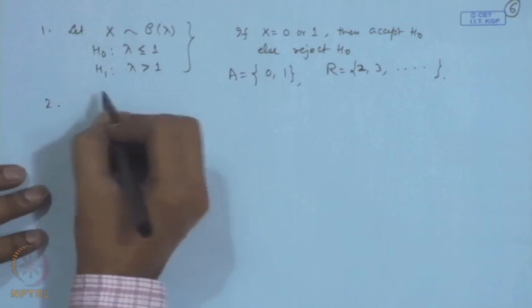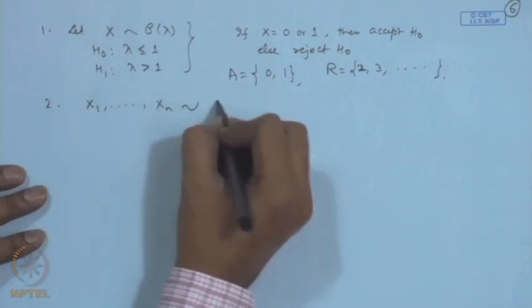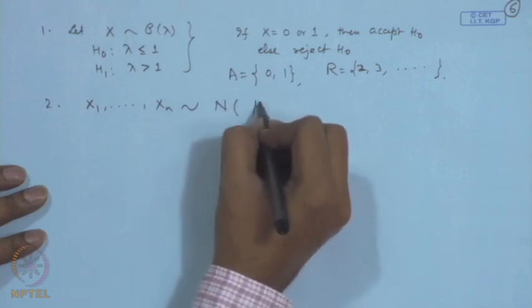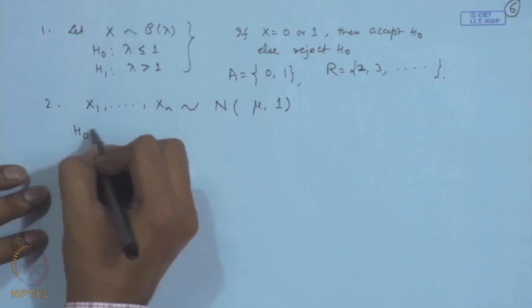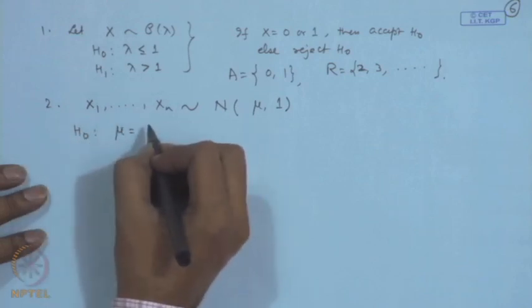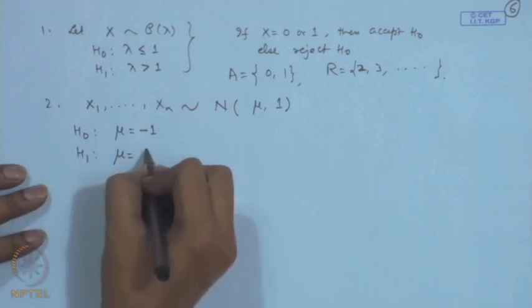Let us also consider another example. Say, I have a random sample X1, X2, ..., Xn from a normal distribution with mean mu and variance 1, and we want to test the hypothesis mu is equal to minus 1 against mu is equal to plus 1.